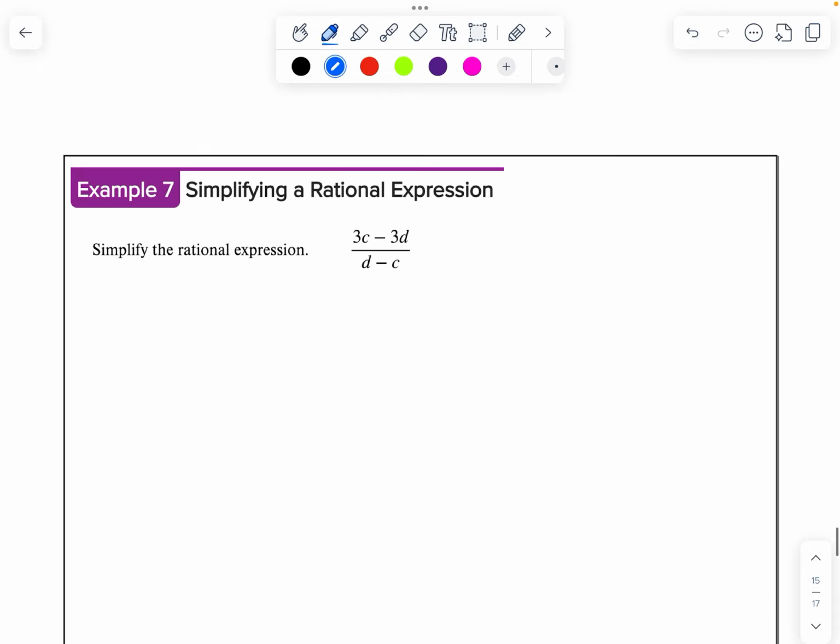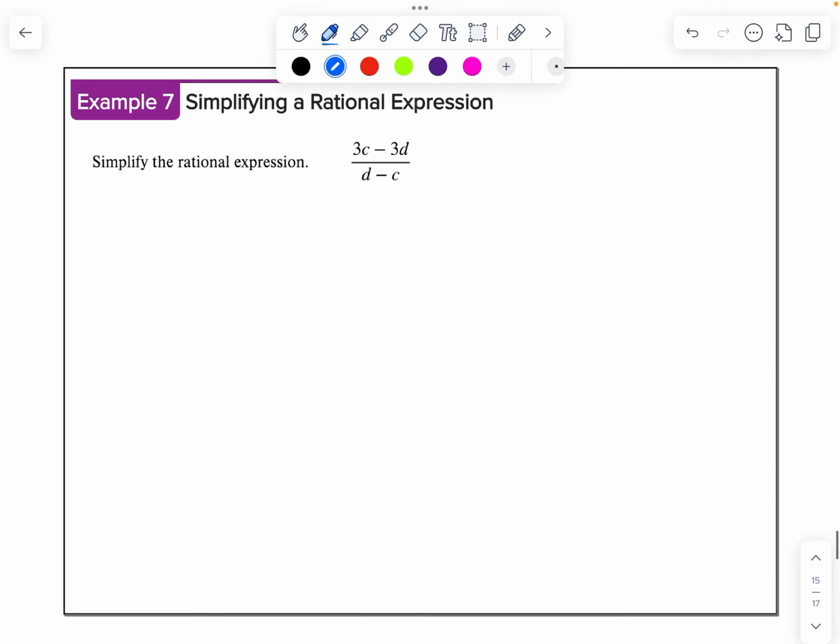All right, let's see another. This is another example of just a trick that we can do. So if we take out a GCF of 3 on the top, we have C minus D. And we have almost the same thing, but we can't get rid of those because they're not exactly the same. But if they're in the wrong order, here's a trick that you can do.